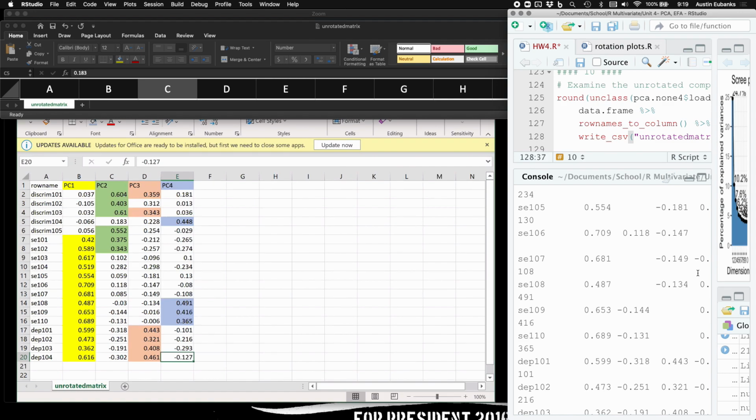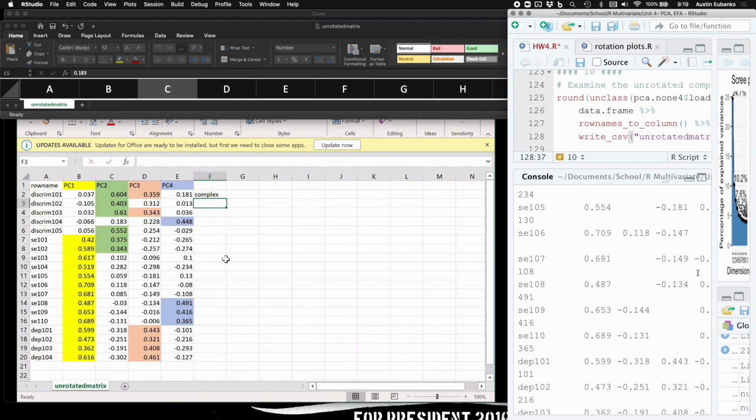Okay. So based on this information, these highlights, what do we know about the loadings of Discrim 101? Is it complex? Is it simple? Or an outlier? Complex. Complex because it loads 0.32 or higher on more than one component, right? Or what I like to call my polygamous variables, right?